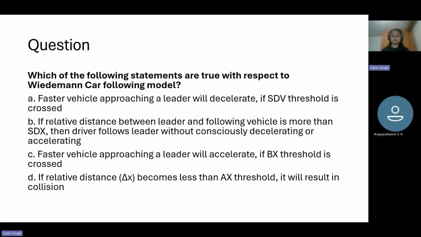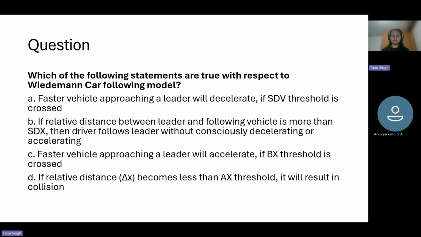Okay, so to make it clear, SDV is the speed difference threshold, SDX is the distance threshold, AX is the following threshold, and BX is the braking threshold.